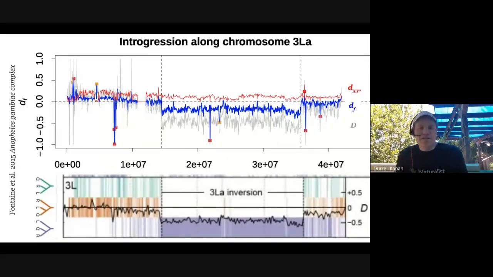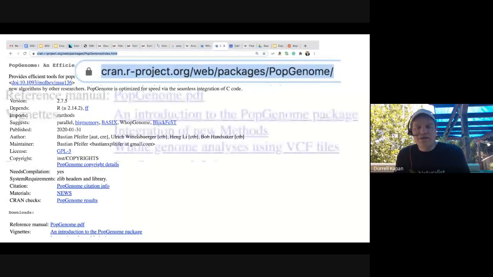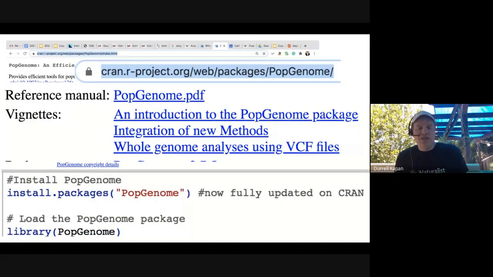So it works. You can learn how to use this by going to CRAN, the Comprehensive R Archive Network. Look up PopGenome. Specifically, there's the URL. There's a bunch of vignettes and a reference manual. And the two things I'd like to mention, if you're using the paper as your guide, Bastian in January 2020 updated everything on CRAN.